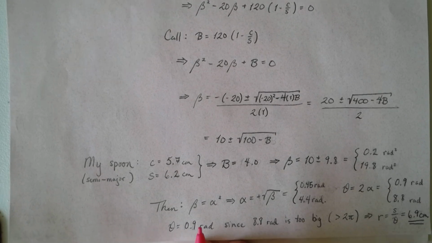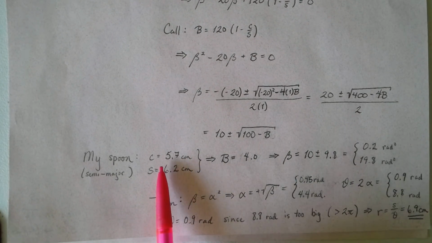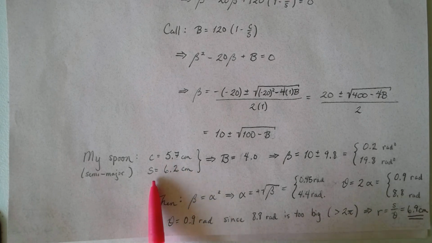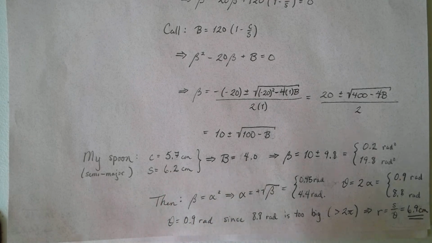All right, and if we use my particular spoon, I had a chord along the semi-major axis of 5.7 centimeters and an arc length of 6.2 along that same semi-major axis.